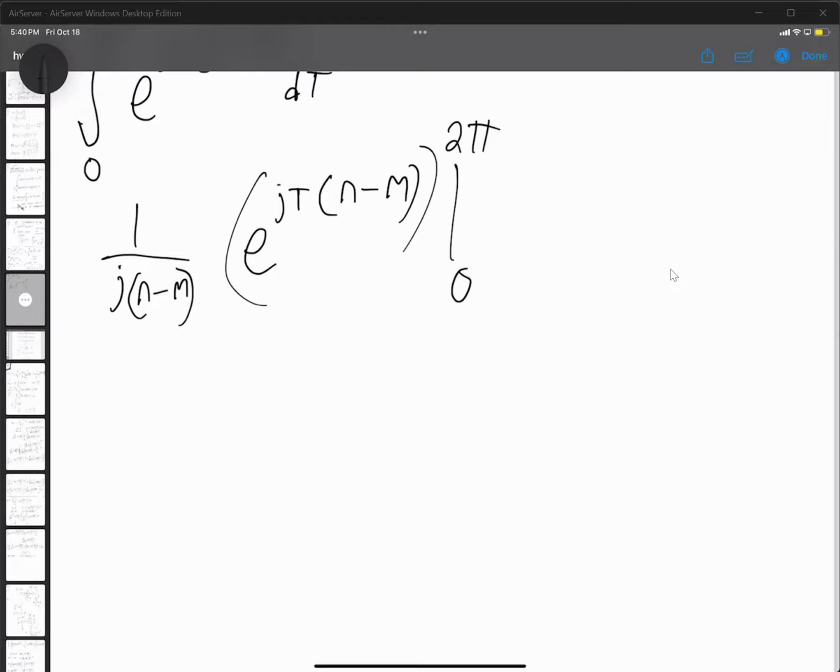And then we'll have minus e to the, it's just going to be 0, which will be 1. This on the left, what do we know about a complex number?